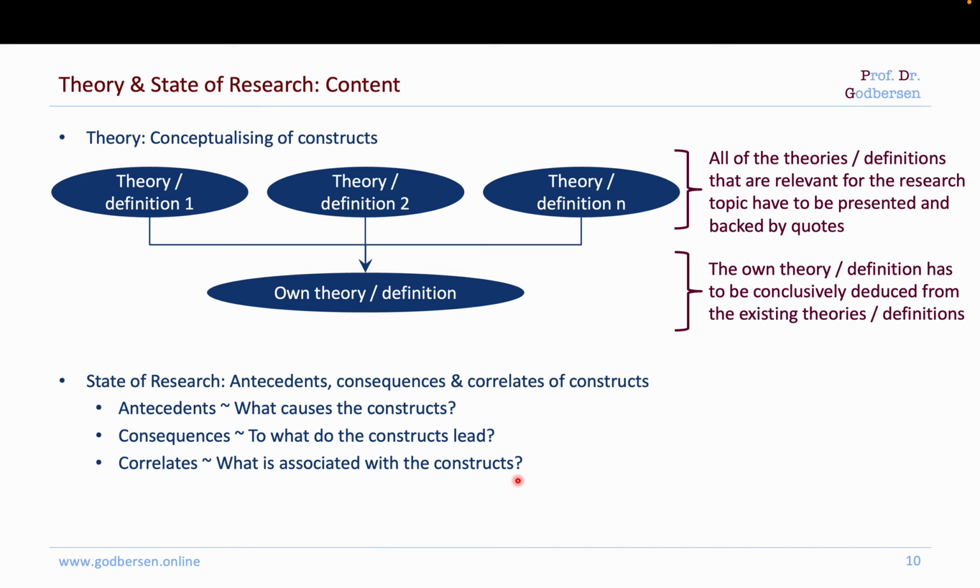And through these antecedents, consequences, and correlates, you can argue why you choose your constructs for examining and why you put your constructs into a relationship. Let me give you two examples.